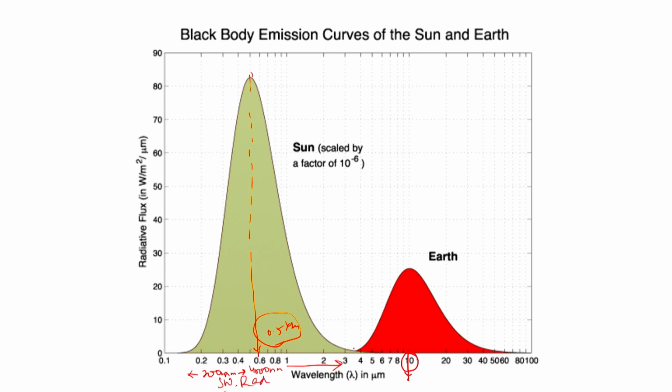When the Earth's emission is considered, it is between 4 and 40 micrometer, and that is why it is sometimes called long wave radiation. So the sun emits short wave radiation, whereas the Earth emits long wave radiation.